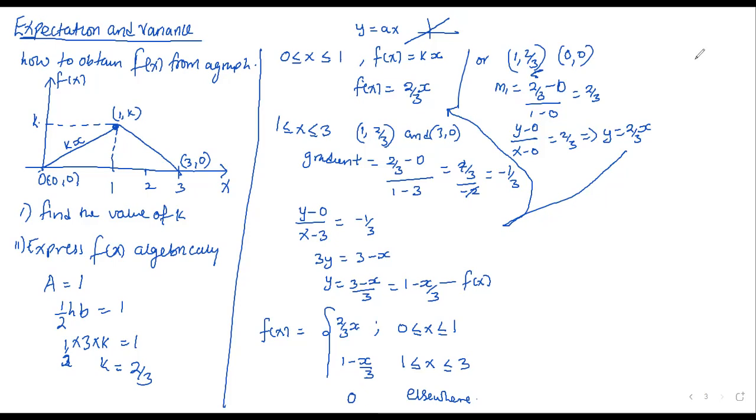We are looking for the equation of the line. You look for the equation of the line here, by doing what? By getting the gradients. You get a gradient M1, get a gradient M2. For this gradient, pick any point. The best point to pick is one which has a 0.